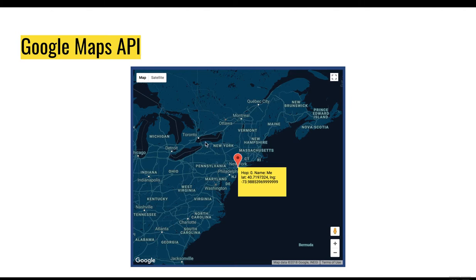So here's an example of that. In this screenshot, I have one marker for where I am right now, the current location. It says hop 0 because it didn't hop anywhere. It came from here. It's me. That's where I am right now. And here's the longitude and latitude.